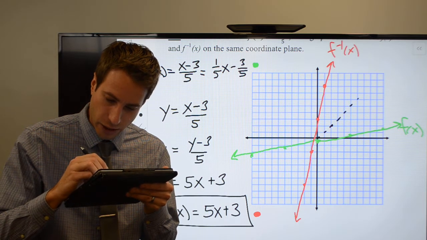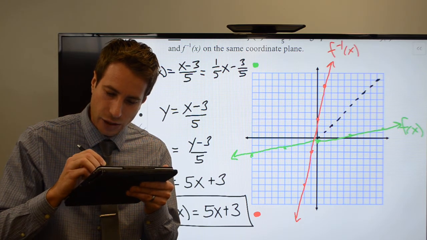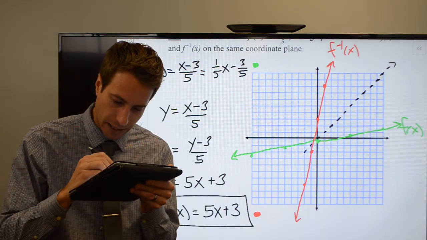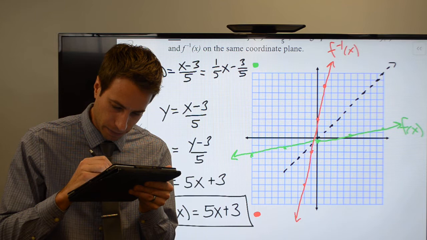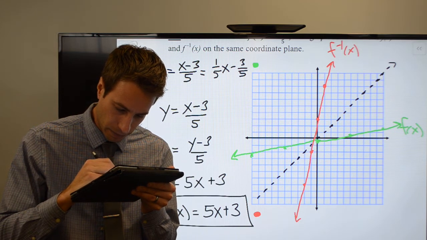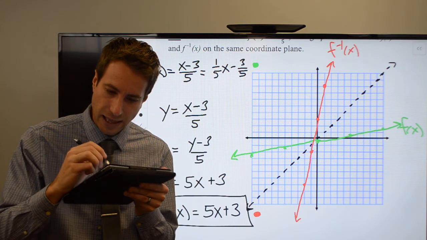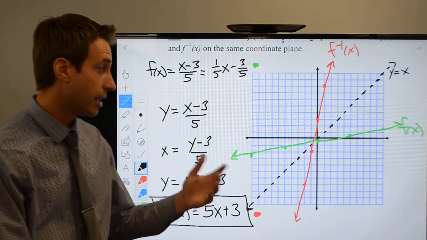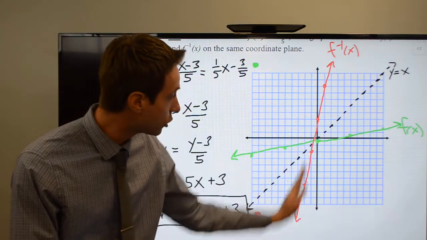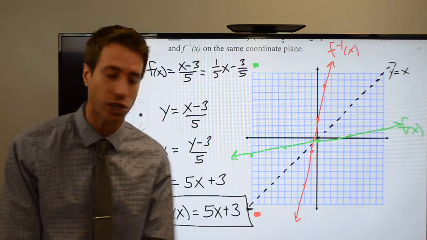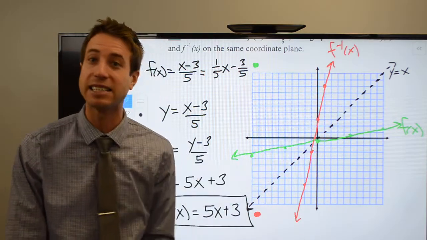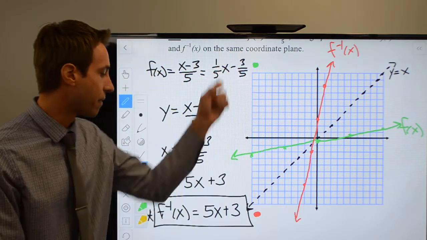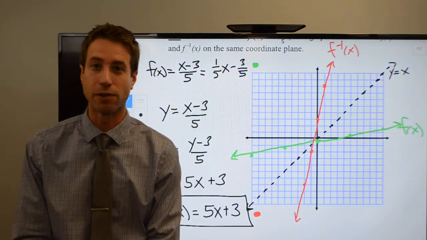Again, I'll put it in there as a dotted line because it's not actually part of the problem. I'm just using this as kind of a reference to see how it went. All right, so there's that line y equals x, the identity function, and it looks good to me. Those lines certainly do look like they're mirror images across that identity function. So I feel real good about what I've got here, both my function and my inverse function.